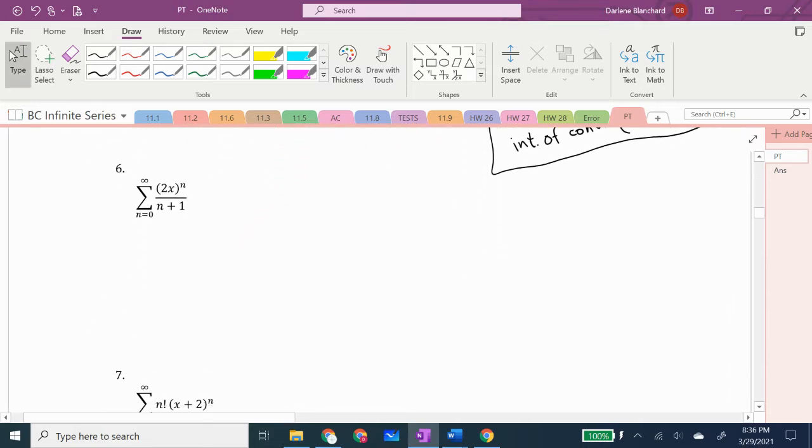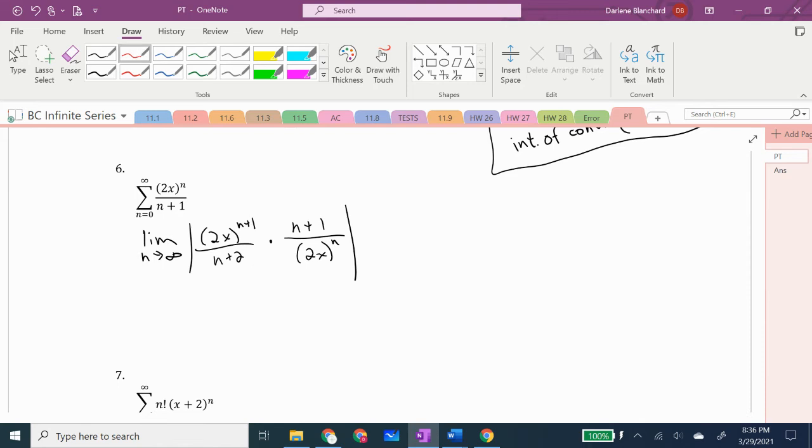For the next one, I can start again with the ratio test. Then I cancel what I can cancel, and I see that I have an extra 2x in the numerator than the number I have in the denominator, and that's as far as I can go.